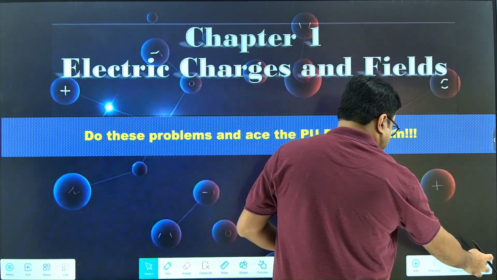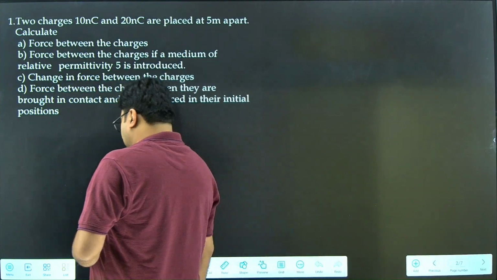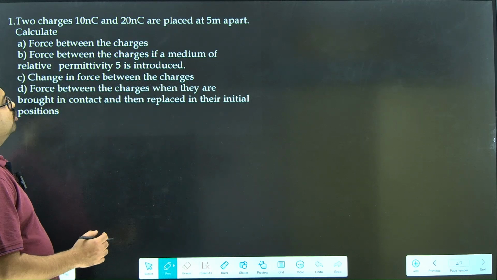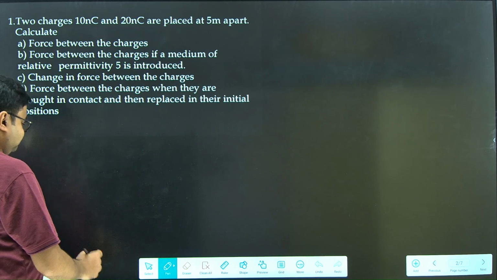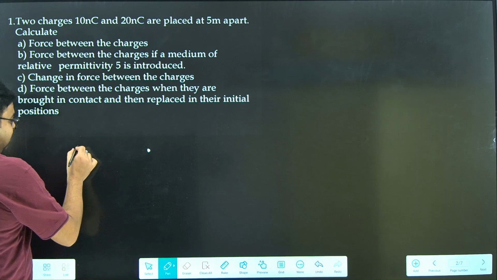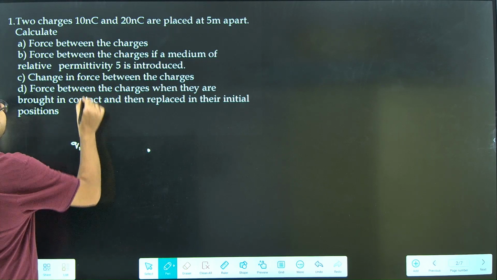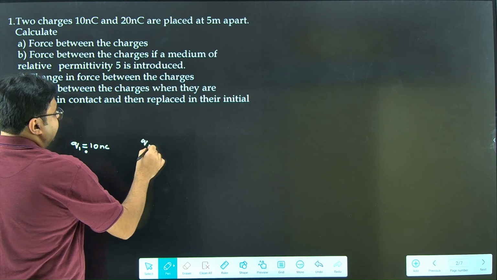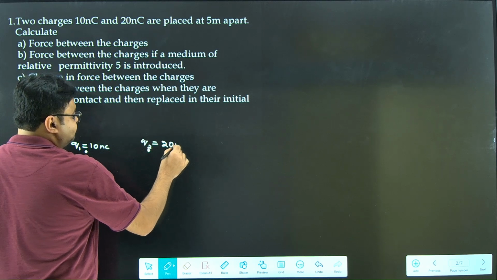Let's look at the first question. Two charges, 10 nanocoulomb and 20 nanocoulomb, are placed 5 meter apart. Let us write this and visualize the situation. There are two charges. Q1, let us say, is 10 nanocoulomb and Q2 is 20 nanocoulomb.